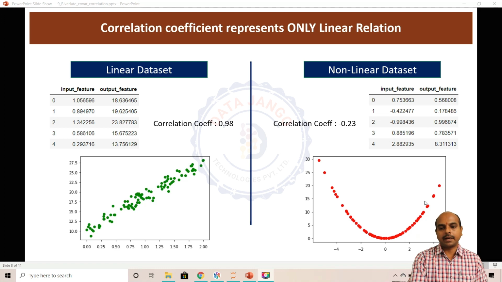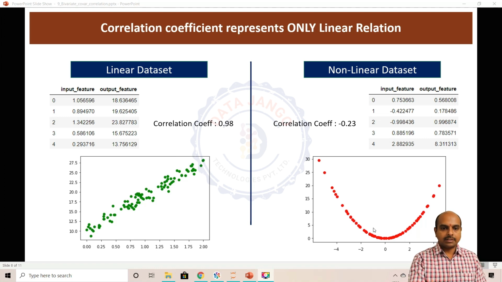There is some pattern, right? When there is a pattern, the feature is important. That may not be correlation. Strictly, it is not needed to have correlation. There should be some relationship between input variable and output variable to make predictions. That demonstrates that correlation gives you linear relationship only.